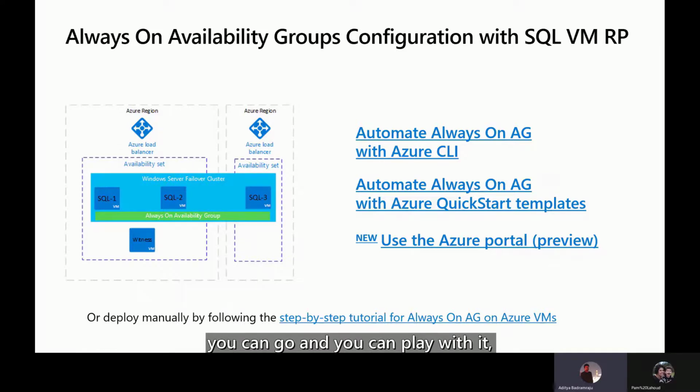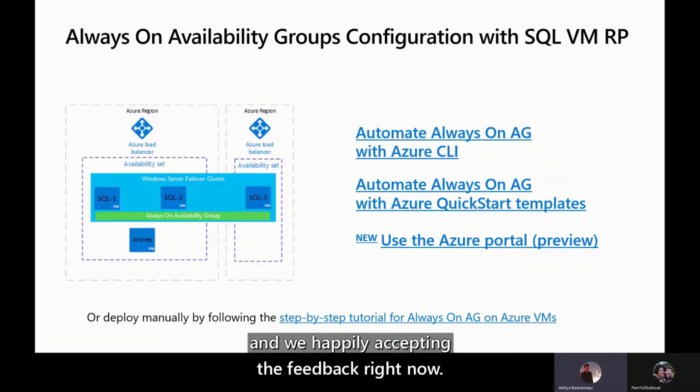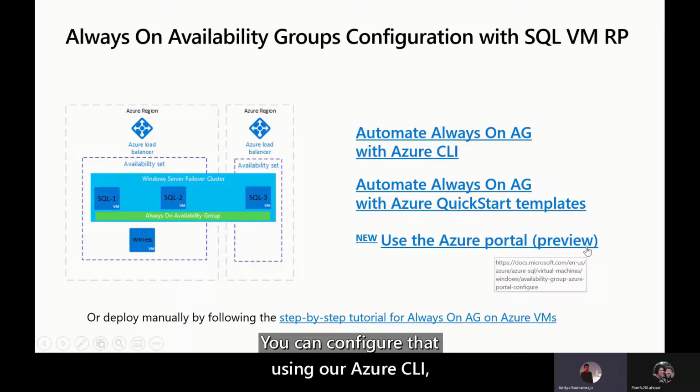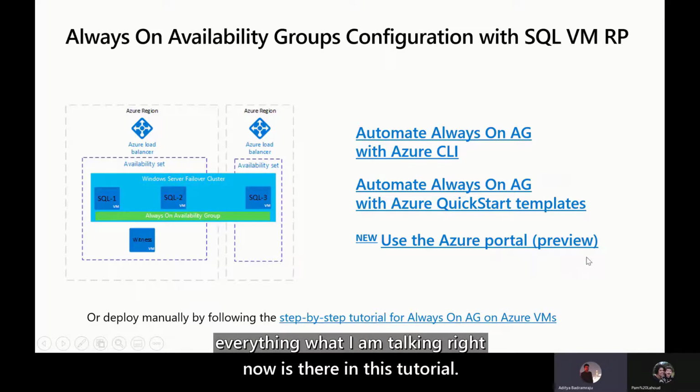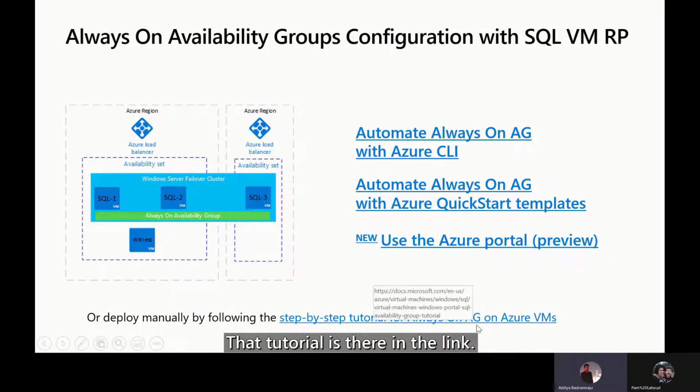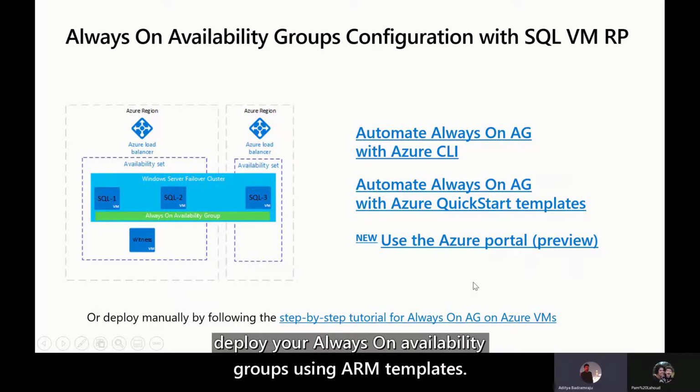You can go and play with it here, and we are happily accepting feedback right now. That's using the Azure portal. You can also configure that using our Azure CLI. Everything I'm talking about right now is in this tutorial, which is in the link, and you can also quickly deploy your Always On availability groups using ARM templates.